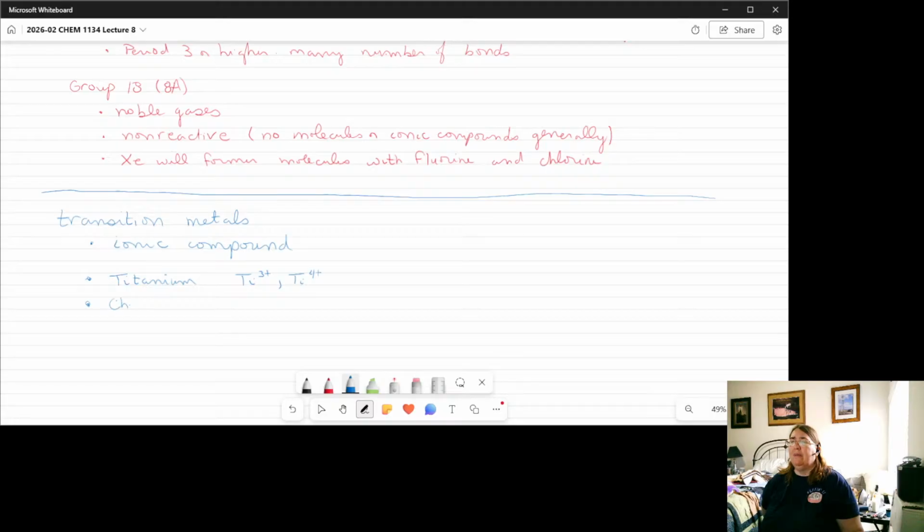Chromium, though. Chromium is one of those that's way more common in alloys than in ionic compounds. But you are going to be familiar with chromium because chromium is where the word chrome comes from.